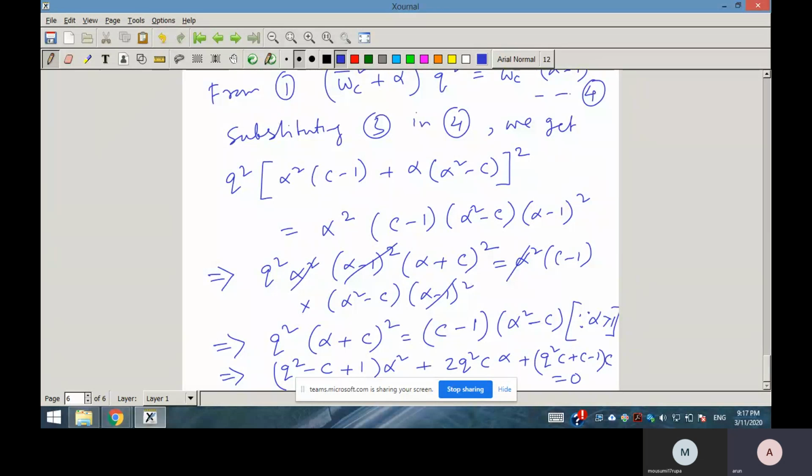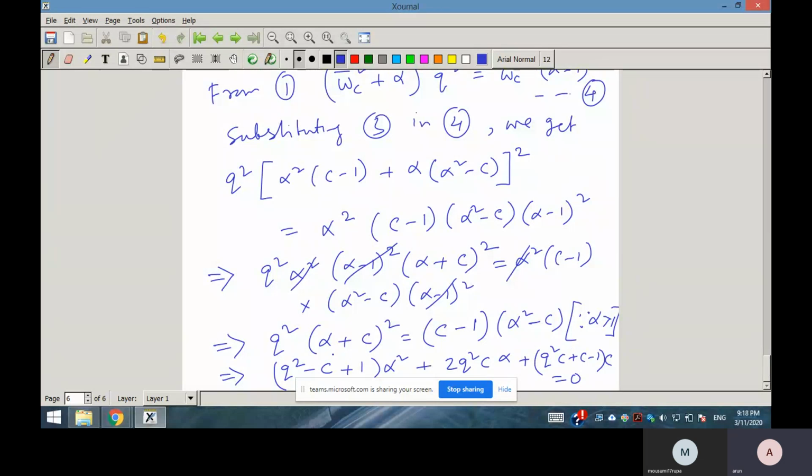Please check this equation. You can easily see here, if you square it up, you will get q square, and then the alpha square coefficient, another minus c will come from here, and my plus 1 will come from here.